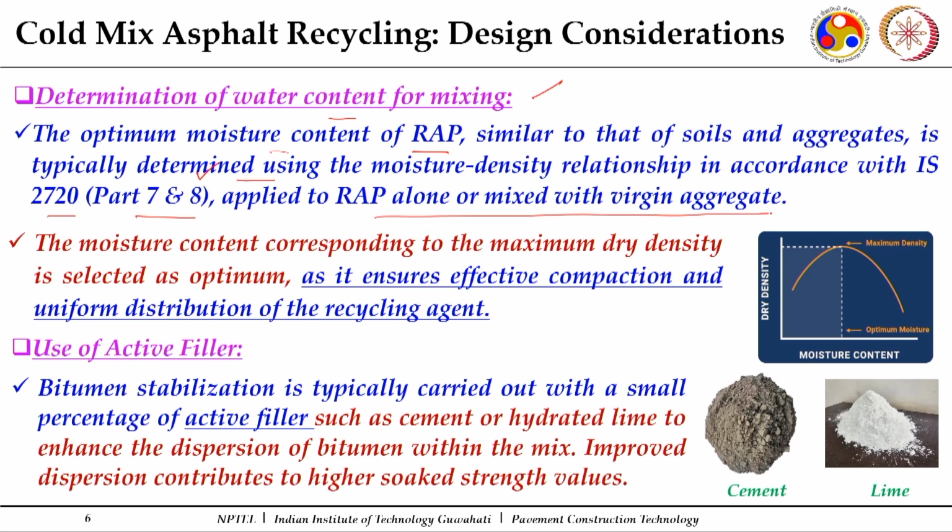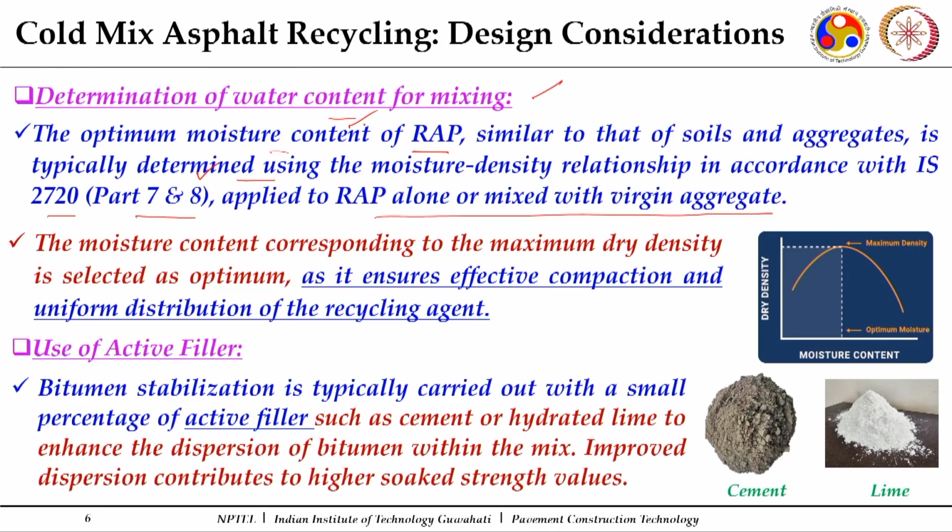This can be attempted with RAP alone, or if a combination of RAP and virgin aggregates is used, then both have to be combined in the desired proportion and the moisture content worked out which gives you the maximum density.